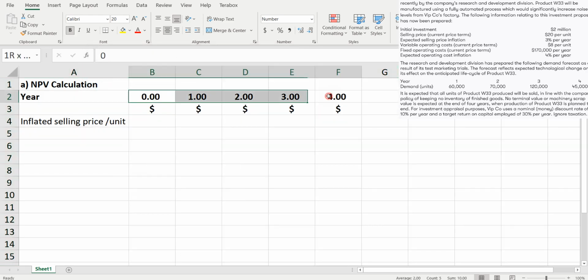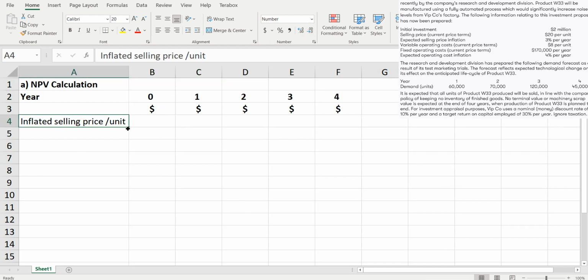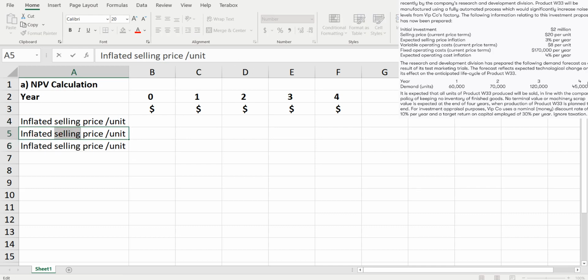Okay, selling price. Now inflated variable cost per unit, and this one should be contribution per unit.